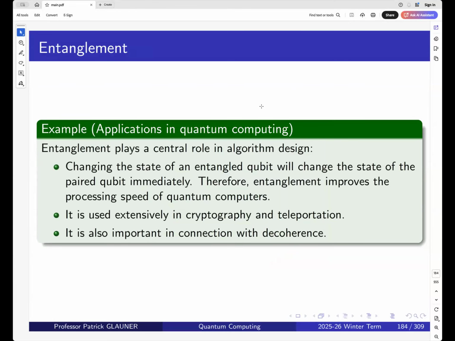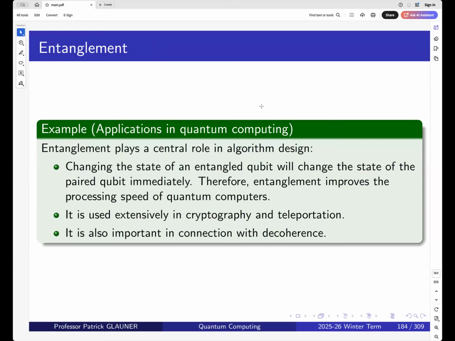Now, what is entanglement useful for? It turns out entanglement plays a central role in algorithm design. For example, we have two qubits that are entangled. I measure one, and the other one is measured too.